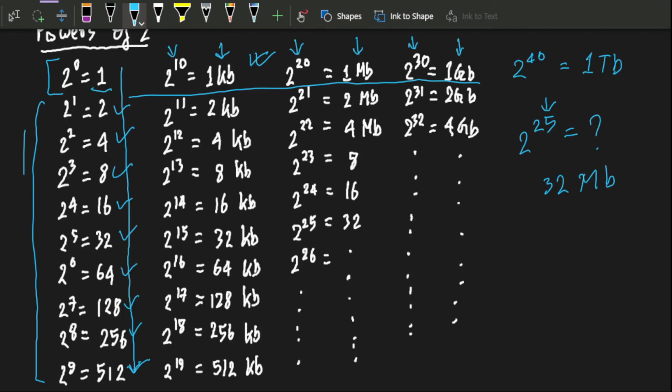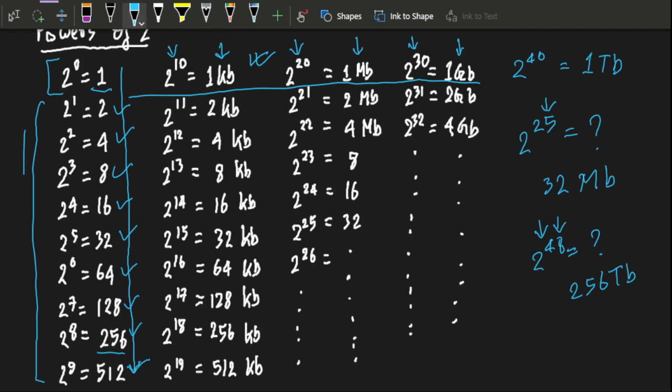If anyone asks what is 2 to the power 48, you can easily say that the 40s are terabytes and the 8 comes from here, which is 256. So it's 256 terabytes, which is a very big space.